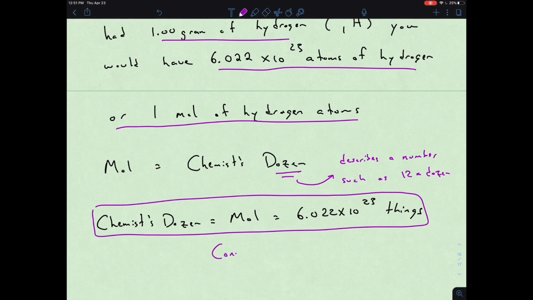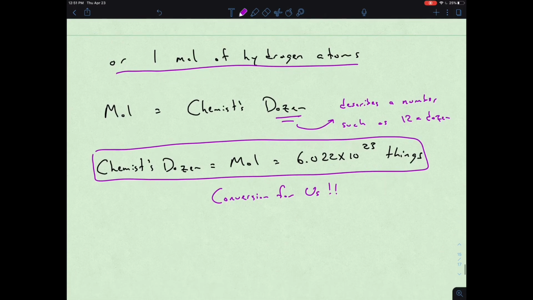And this is really a conversion for us, essentially. It's basically saying that if I have carbon, carbon has a mass of 12 AMUs.